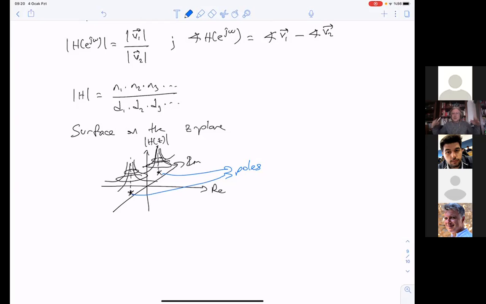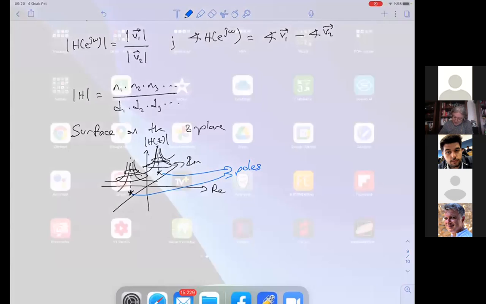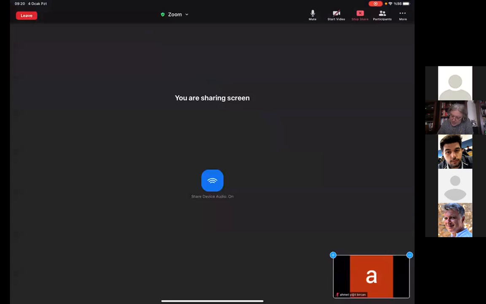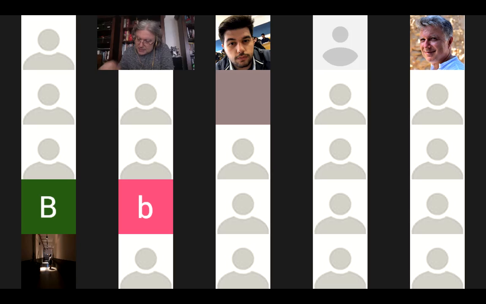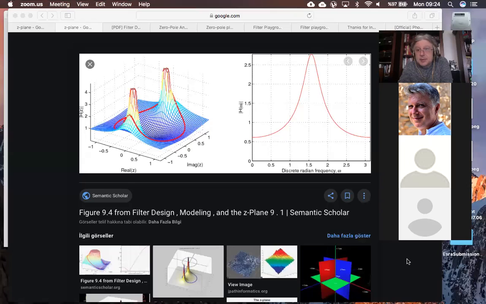We take a look at what the cut surface really looks like. That is the Z transform. And for that, I want to show you something. I will stop sharing from my tablet, and I will start sharing from my laptop.